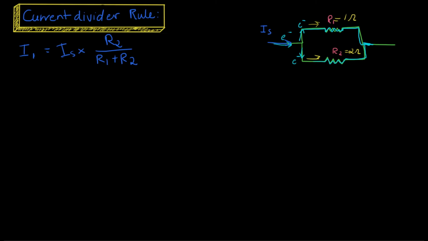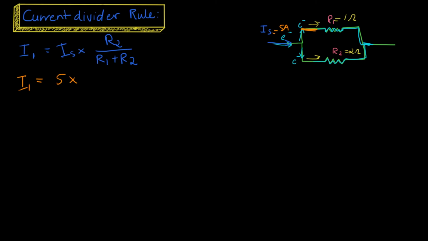So let's calculate the actual current going through I1 with the resistances we're given. I1 is the amount of current traveling through this branch up here. And that's going to be equal to the source current, which we'll say is 5 amps, which will be 5 times the other resistor.